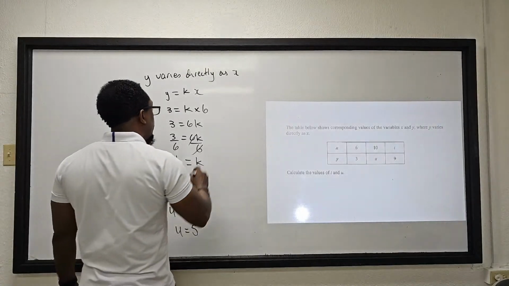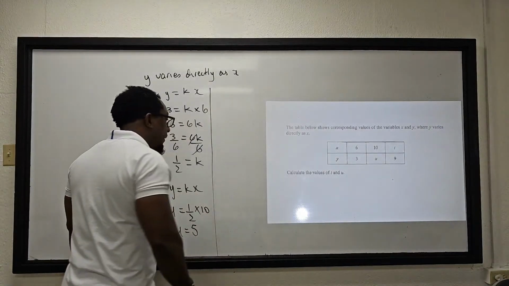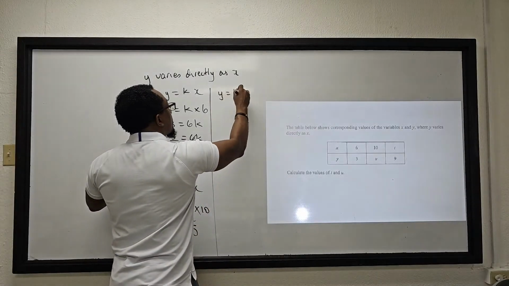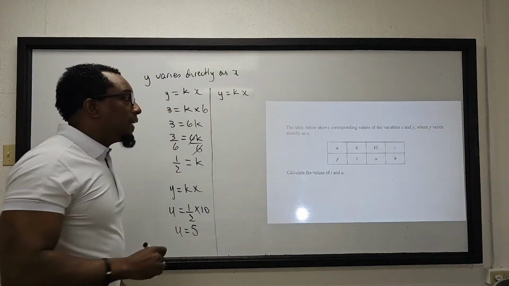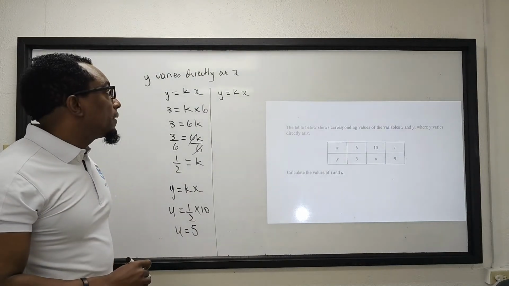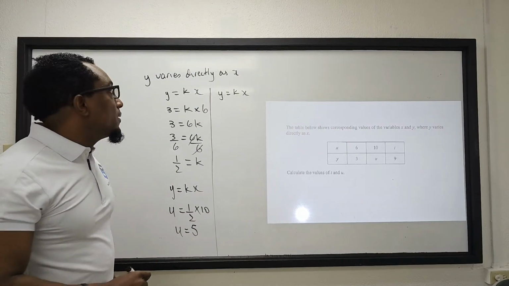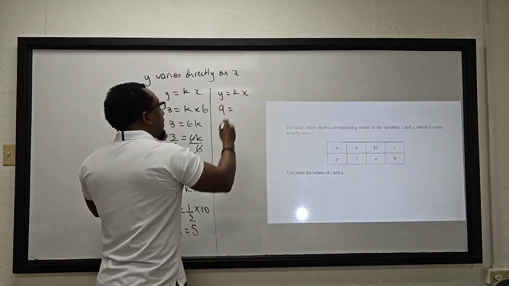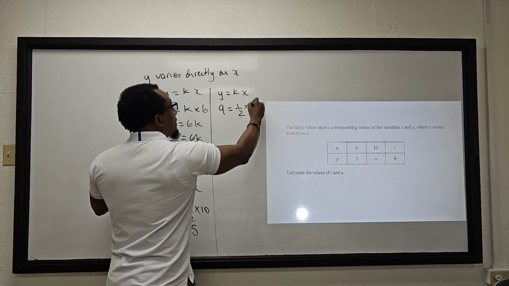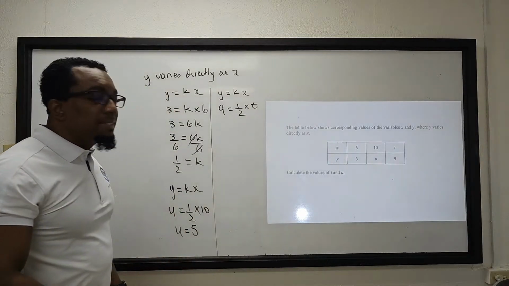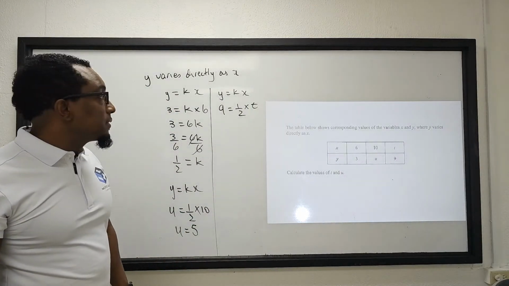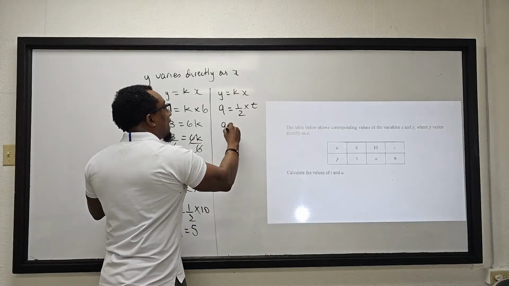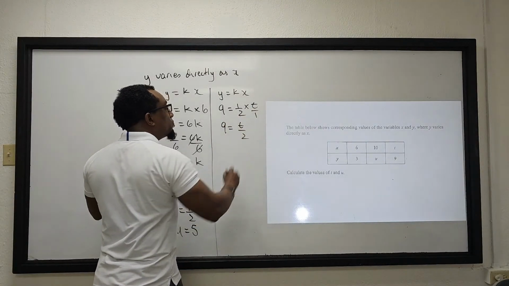So to find t, what do we do? Again, using our relationship, y is equal to kx. And when x is t, the corresponding value of y is 9. So I'm going to replace y with 9, k with a half, and x with t. So again, testing our knowledge of solving equations. Now a half times t, you can write this as 9 is equal to t over 2.